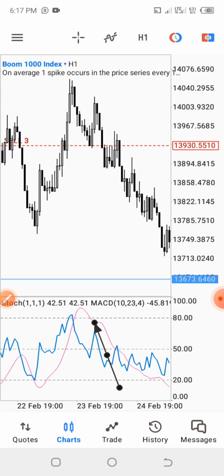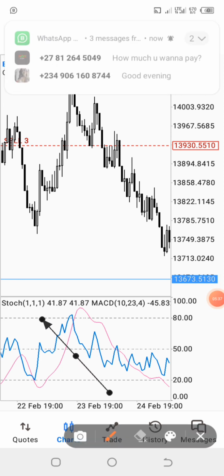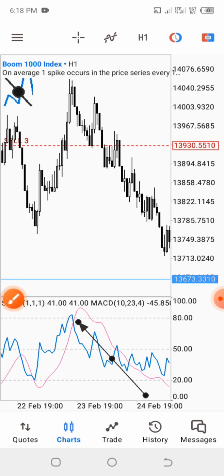Now when you look into your indicator window 1 right here, this is the first thing you want to look out for: you want to see both the MACD and the RSI touching the 80 level of the stochastic oscillator. When you see that touch, then you want to look out for the MACD line to cross above the RSI line.